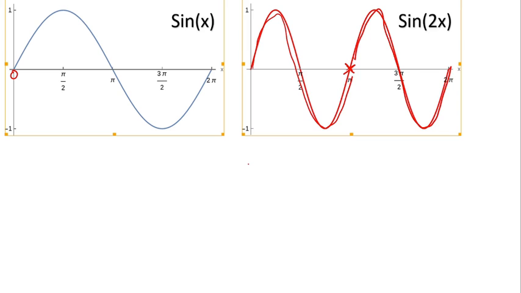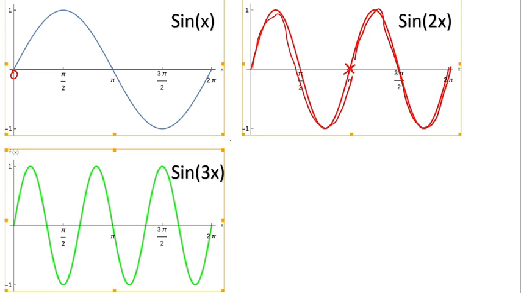Now let's plot sin 3x. Sin 3x will look like this. Again, the range is from 0 to 2 pi, as you can see here. But now if I break it up into pieces, there is one here, a second piece here, and then the third piece. So what is happening is, in the same range 0 to 2 pi, you have three sine functions.